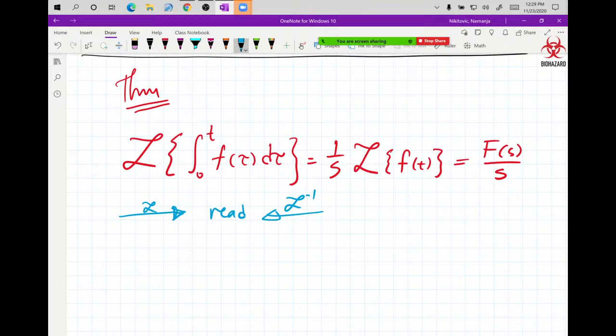That will help with some of the problems when you are supposed to find an inverse Laplace transform, and you can use this to work it out as well. If you see that you got F of s divided by s, you immediately know that's the integral, so maybe you can use that to solve a problem somewhere.